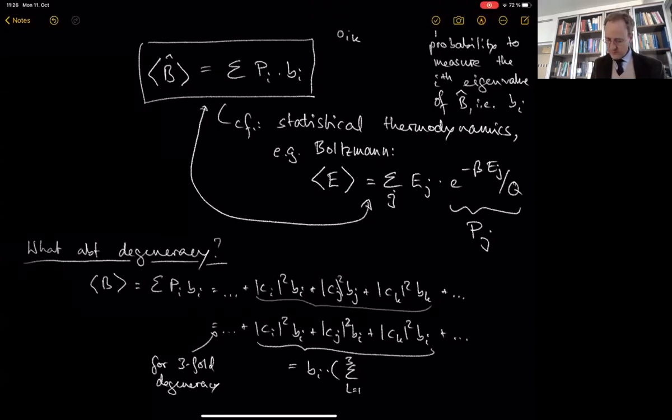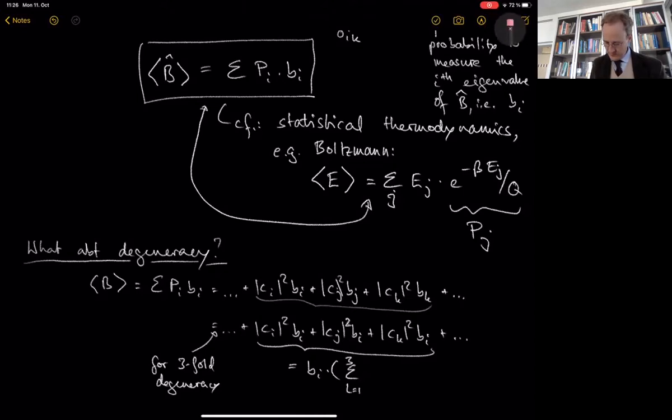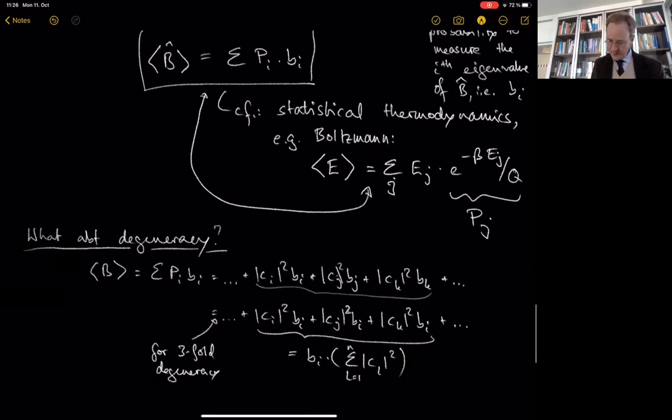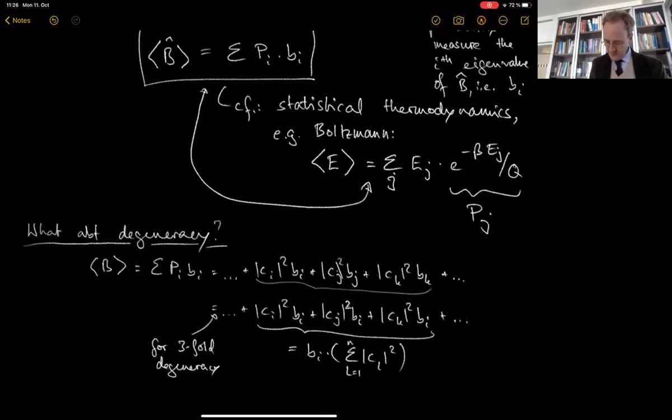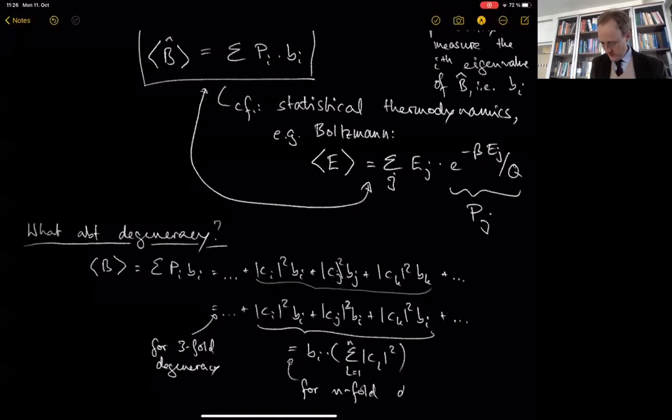So let's put in N directly here: CL squared, right? For n-fold degeneracy.